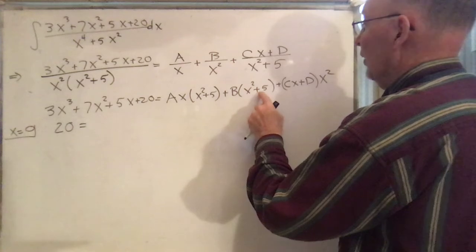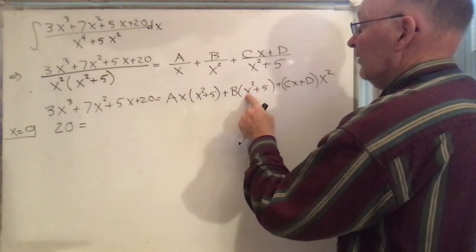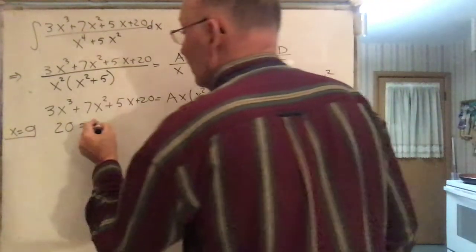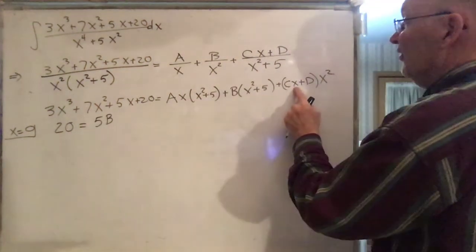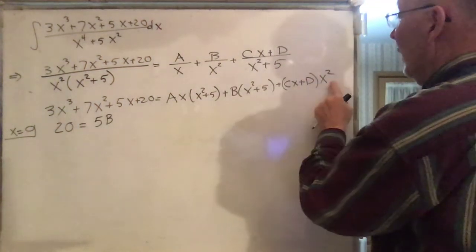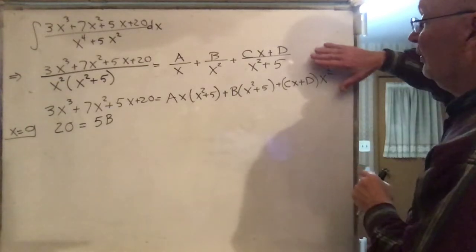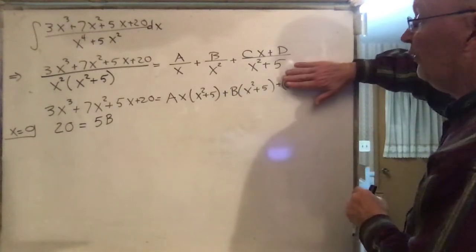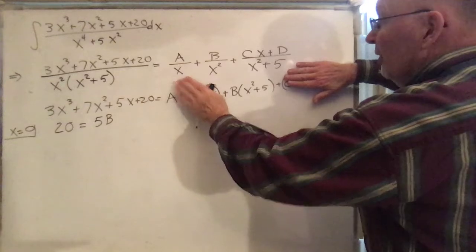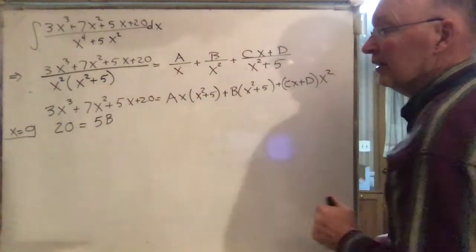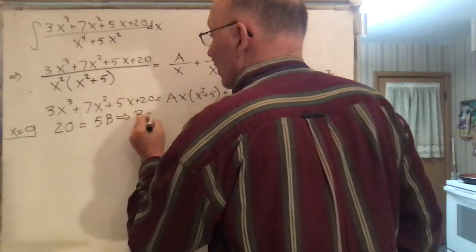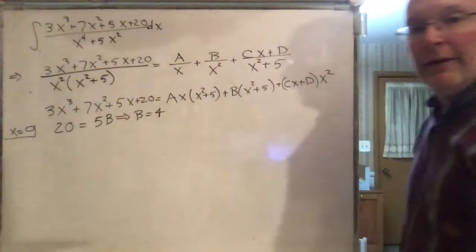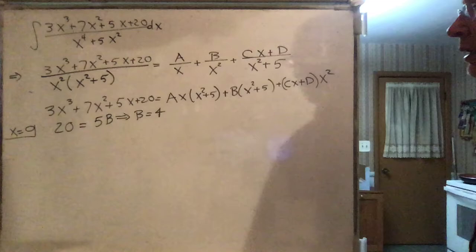If x is 0, I'm going to get 5b. Oh, I'm sorry, this is also equal to 0. Everyone agreed? So if x is 0, that's all going to be 0, and I'm just going to get 5b. So, oh, very good. So I know that b is equal to 4. Okay, so that takes care of that.